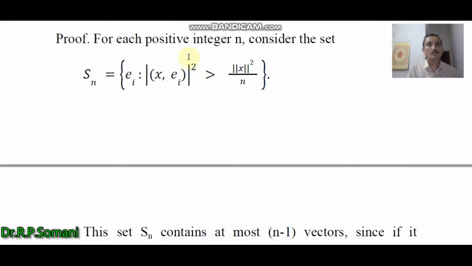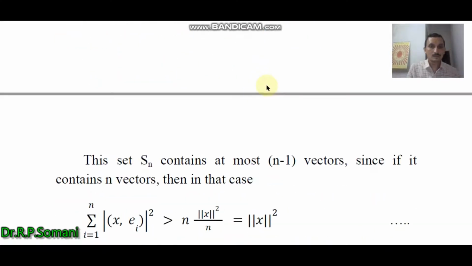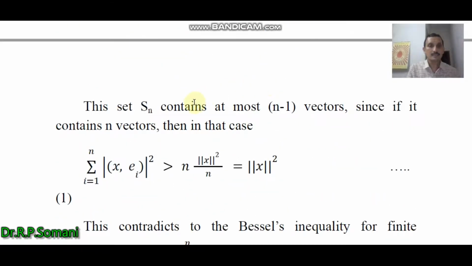For the proof, for each positive integer n, consider the set Sn, where Sn is equal to {ei such that |⟨x, ei⟩|² is greater than ||x||²/n}. The property of this set is that Sn contains at most n minus 1 vectors.